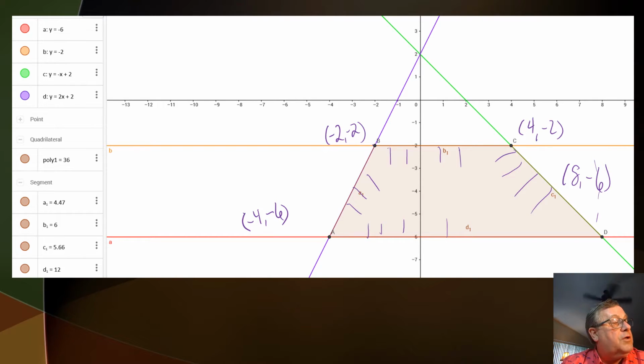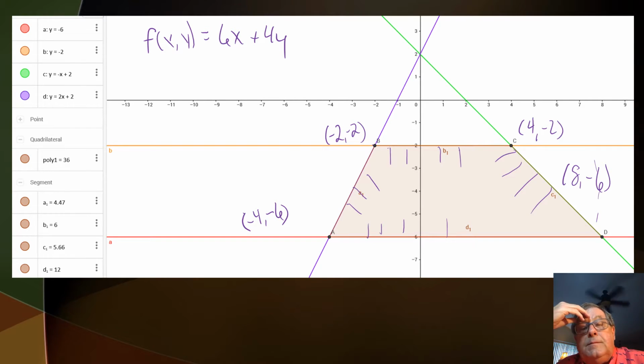Now we're going to substitute each of those four vertices into the function f(x, y) equals 6x plus 4y.